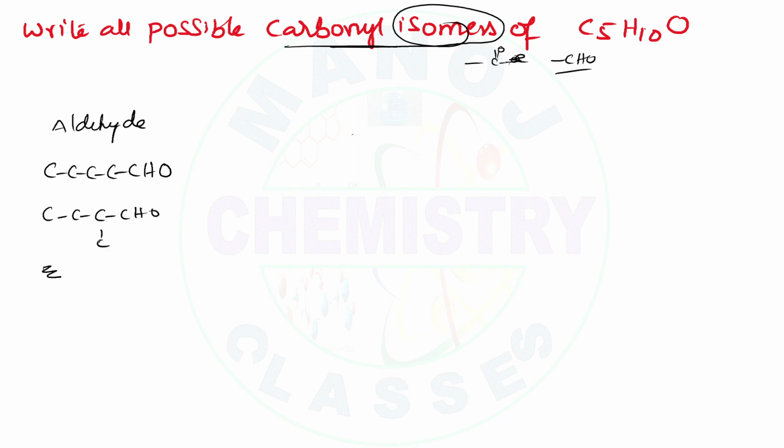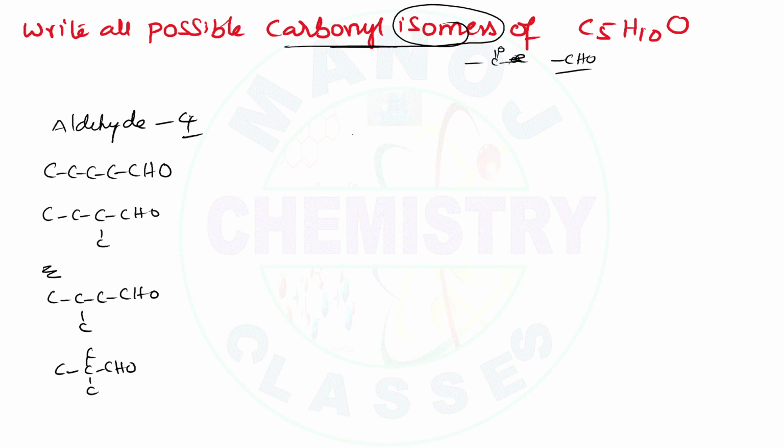Here I can write one methyl group. Here one more I can write 1 2 3 CHO. Here I can write one more methyl group. So I can write one more 1, here a methyl, here a methyl, here CHO. So these are the 4 possible aldehyde isomers.